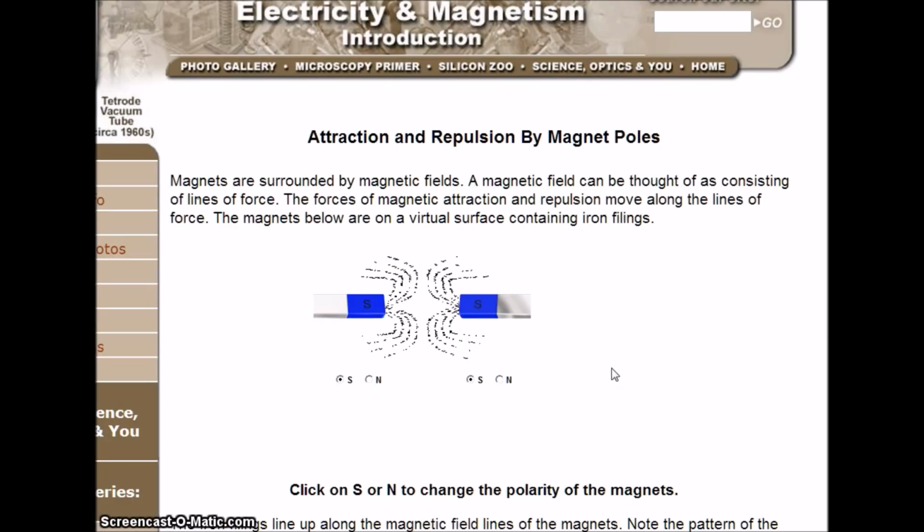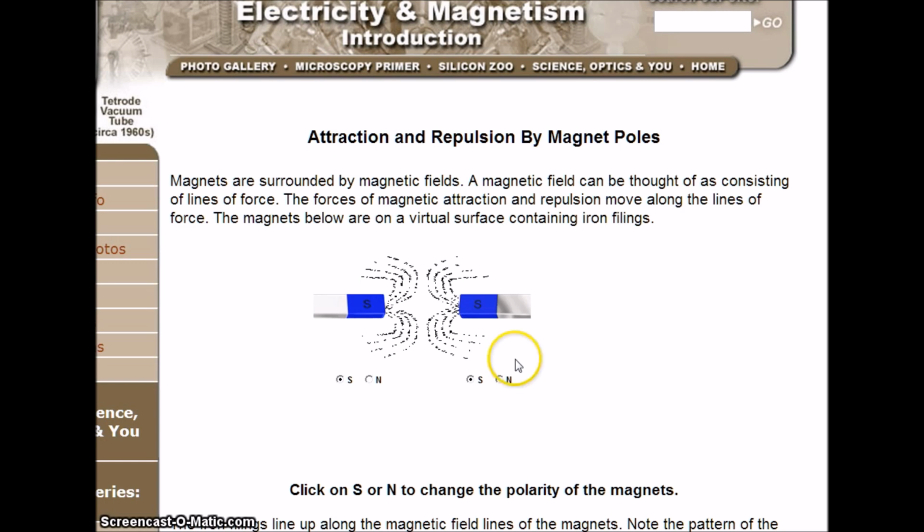So we're going to look at this demonstration, and we're going to do this in class on Friday as a lab. But we have two bar magnets here, and you can see that the two south poles have been brought together. And what has happened is they've sprinkled iron filings so that you can see the lines of the magnetic fields.